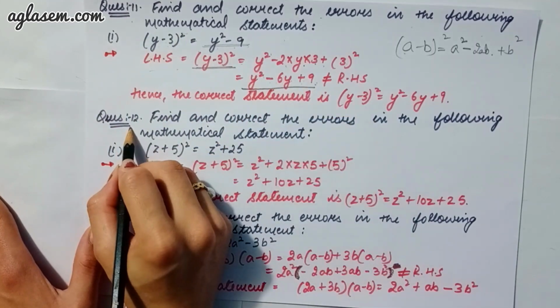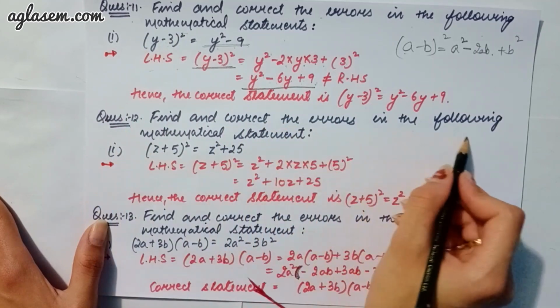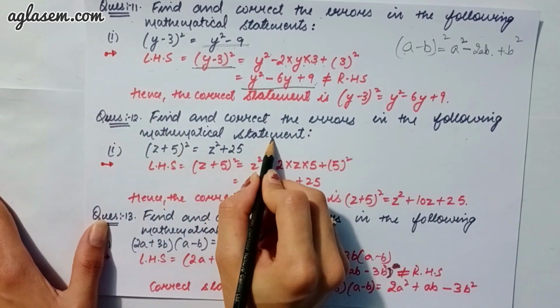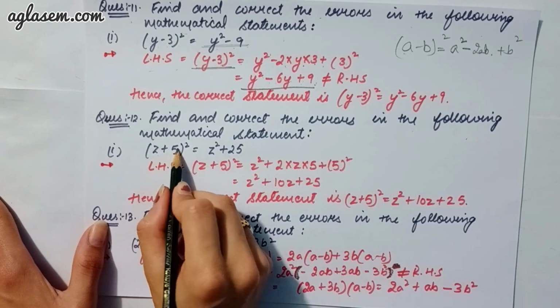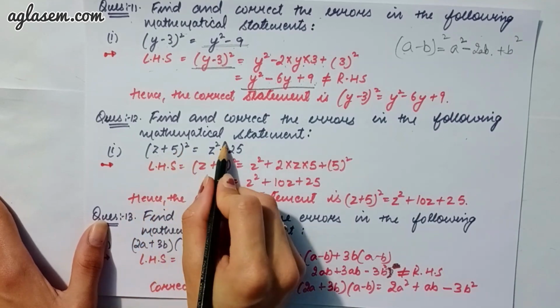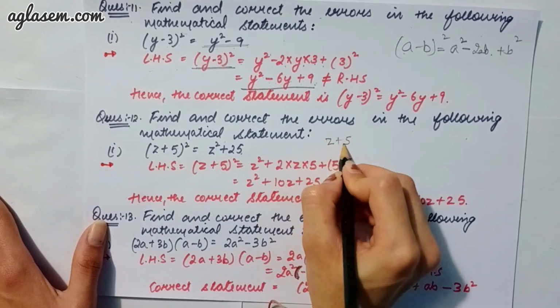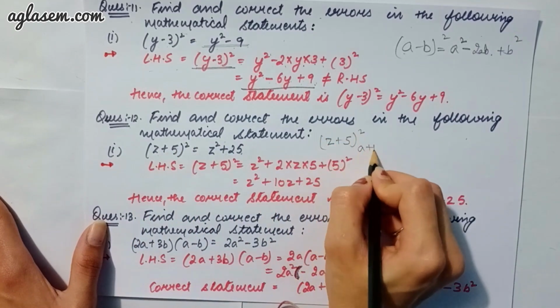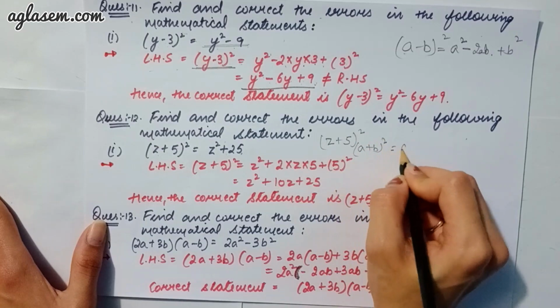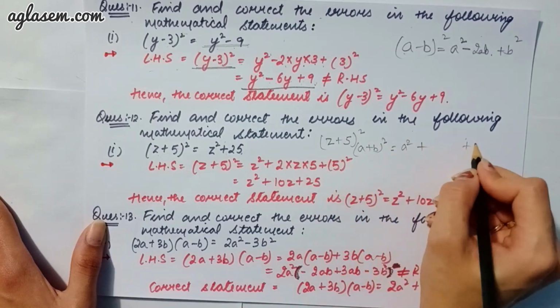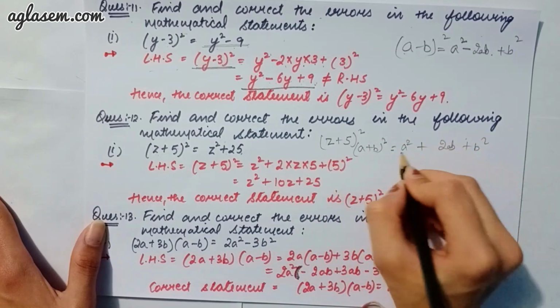Moving to our 12th question, which says find and correct the errors in the following mathematical statement. The first part says (z + 5)² = z² + 25. Here (a + b)² is equal to a² + b² + 2ab. This is the formula.